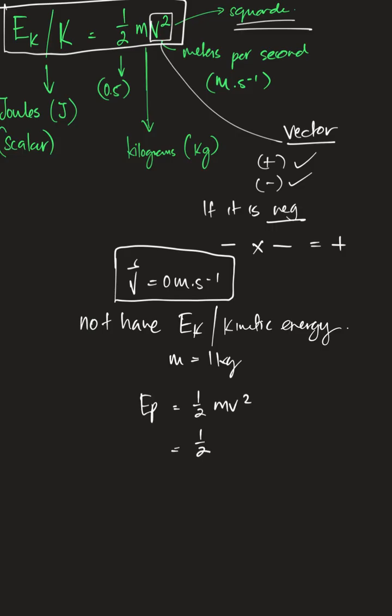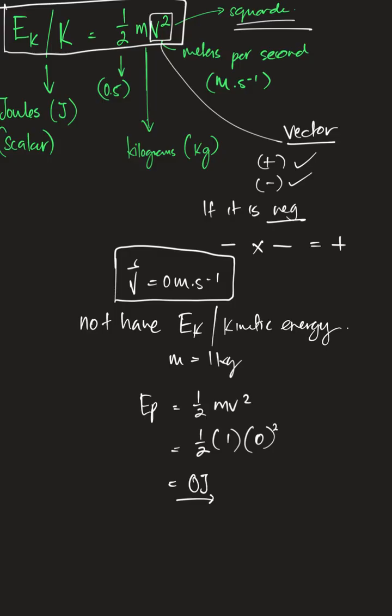Half times the mass, which is 1, times the velocity, which is 0, and all of that is squared. Can you see how I put the brackets in? When I put it in my calculator, I better put it in like this because the calculator is not as smart as you are. Then notice that I've got half times 1 times 0, which is going to give me 0 joules.